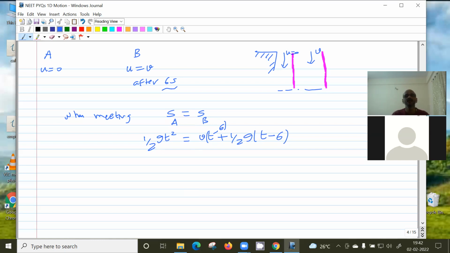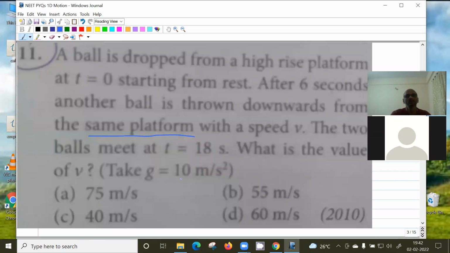Whatever is t for A, from that you will subtract 6 because B is going to travel for that much shorter time, because B's motion is starting after 6 seconds of A's motion. So A is taking longer time, by 6 seconds. So from this we can find t, right?